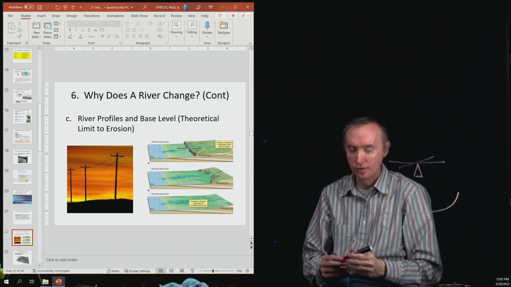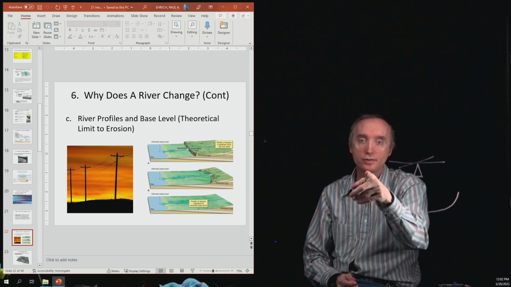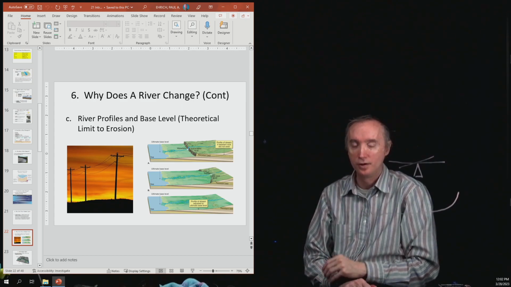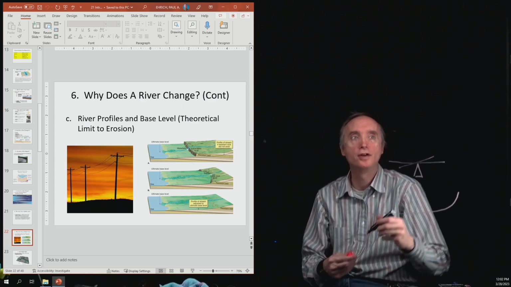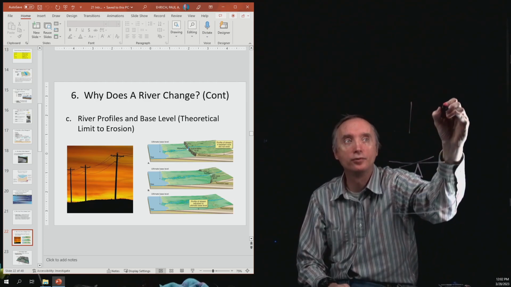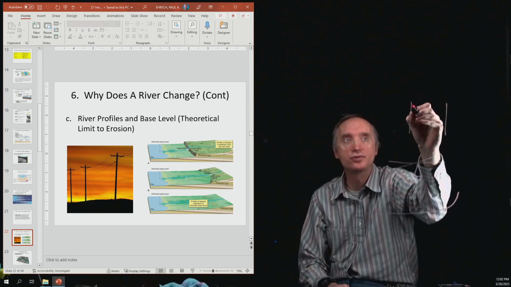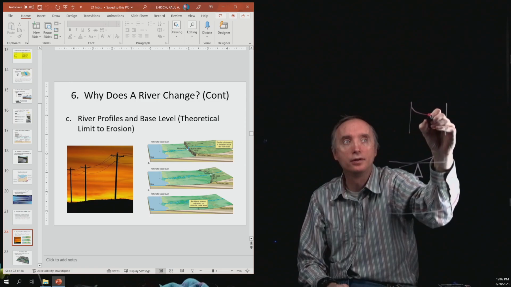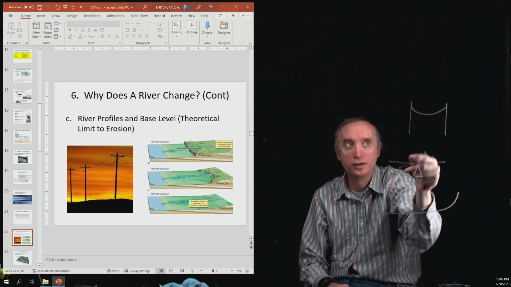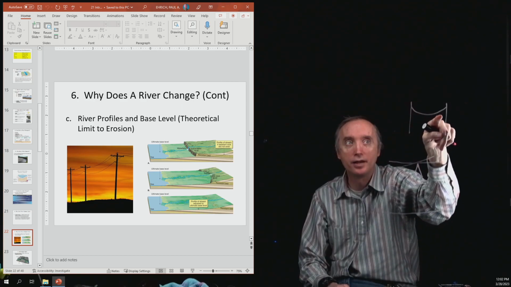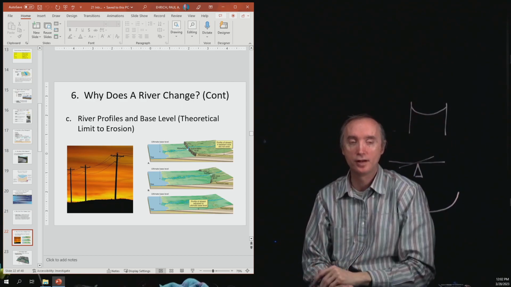You might be wondering, why do I have these pictures of telephone poles? Well, telephone poles do the same thing. If you've got two telephone poles and you string a wire across them, gravity is going to pull down that line until it makes a curve like that.